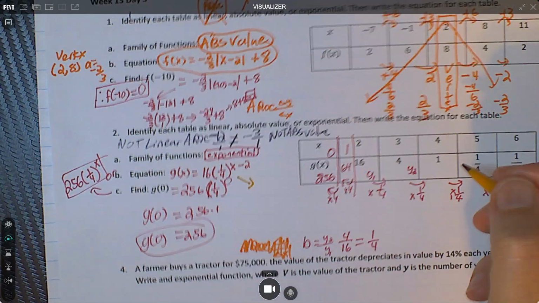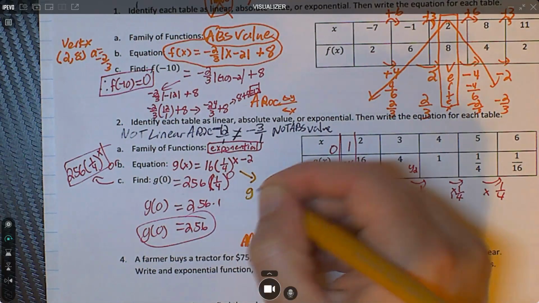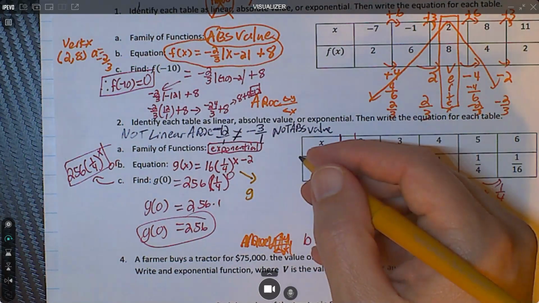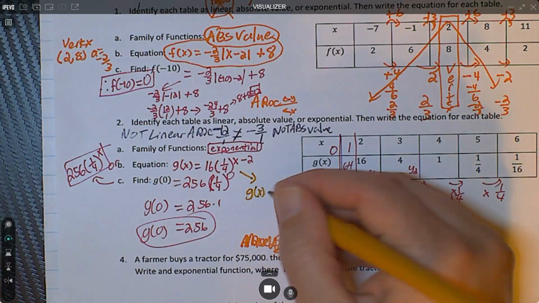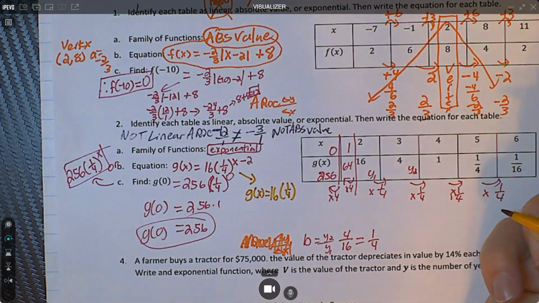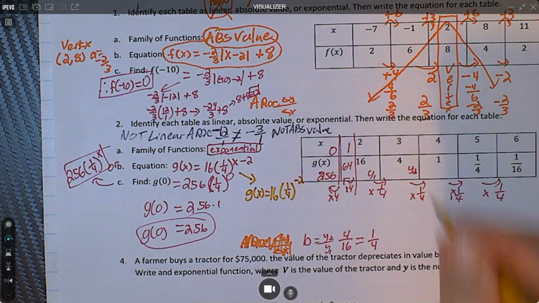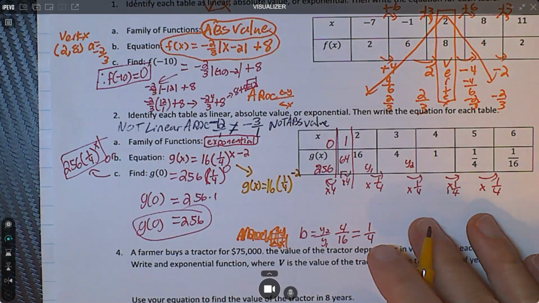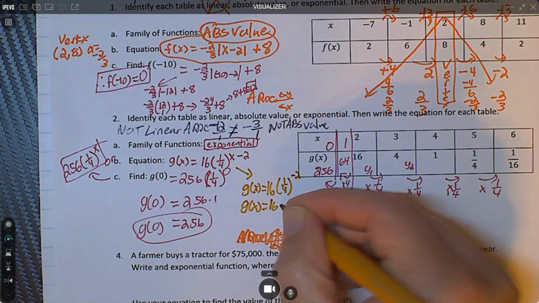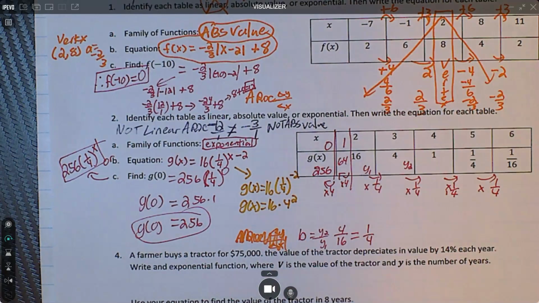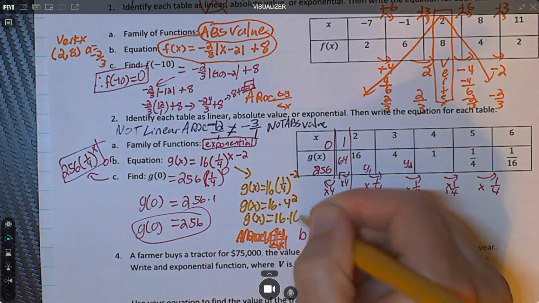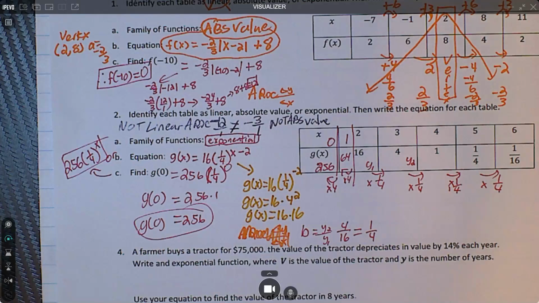So see, if you go here, if you try to find the x that are 2 more before it, you get 16 times 1/4 to the 0 minus 2, which is negative 2. And then this would be like g of x equals 16 times flip it and square it. And see, you still get that 16 times 16, which is 256.